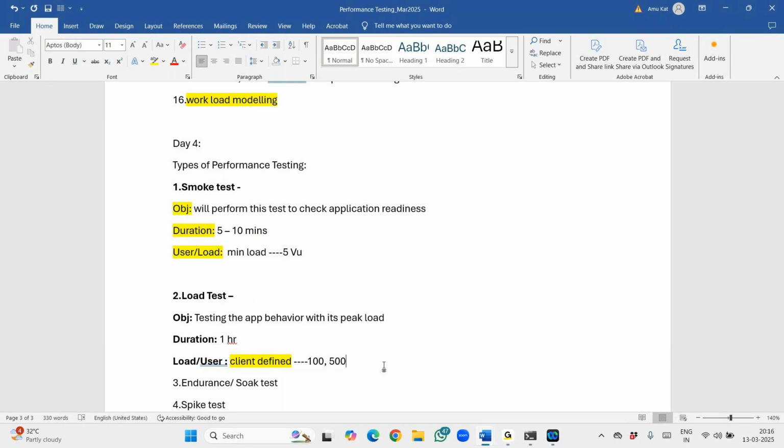If the client has not defined it and asks the performance testers to define it, then by going ahead with a few calculations we will define that value. If we are considering the defined value, that comes under load, and if we are focusing on the breakdown, that is called stress. Don't get confused.